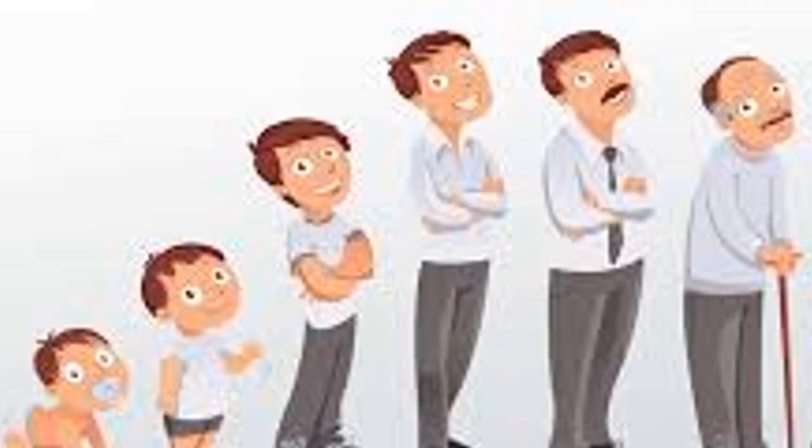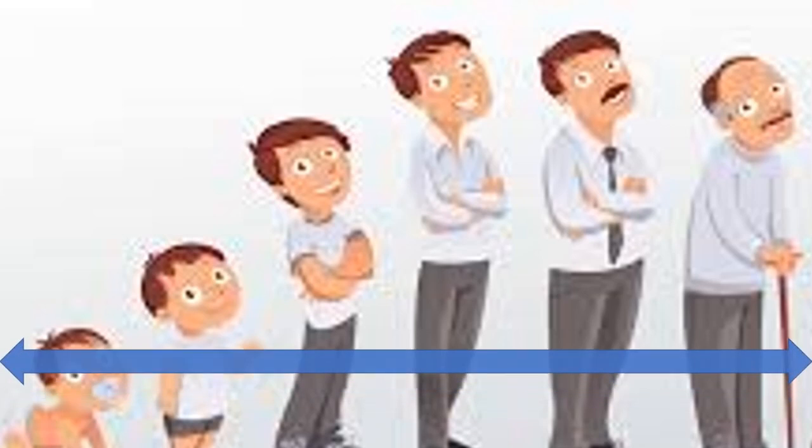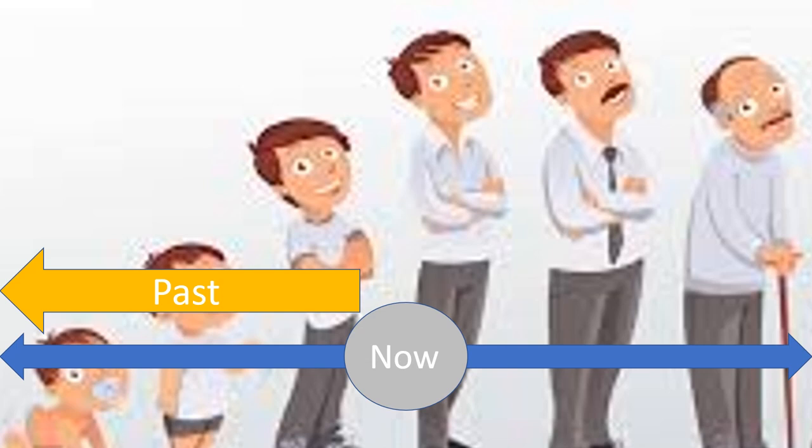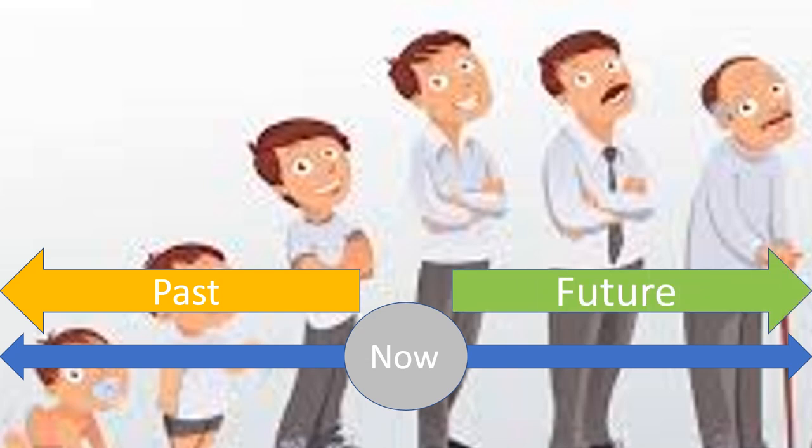Dear student, to learn the meaning of simple past, let us look at this picture that shows the stages of our lives through this timeline. In this timeline, we have this point that's called now, the present. Every moment before now is a past, and every moment after now is a future.